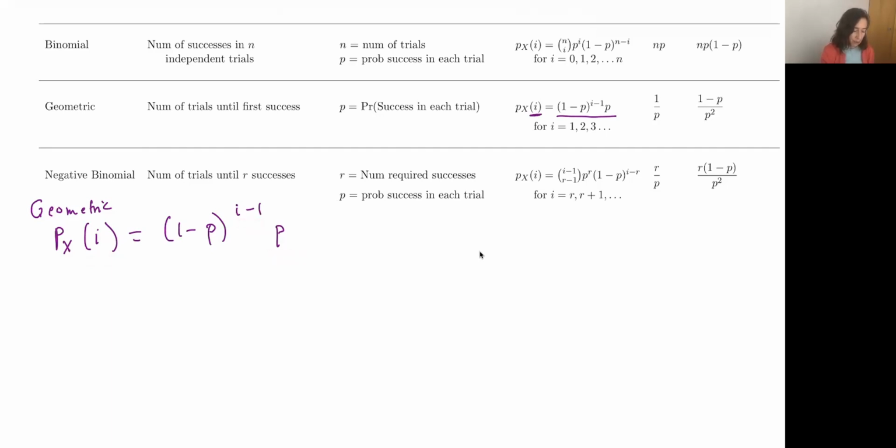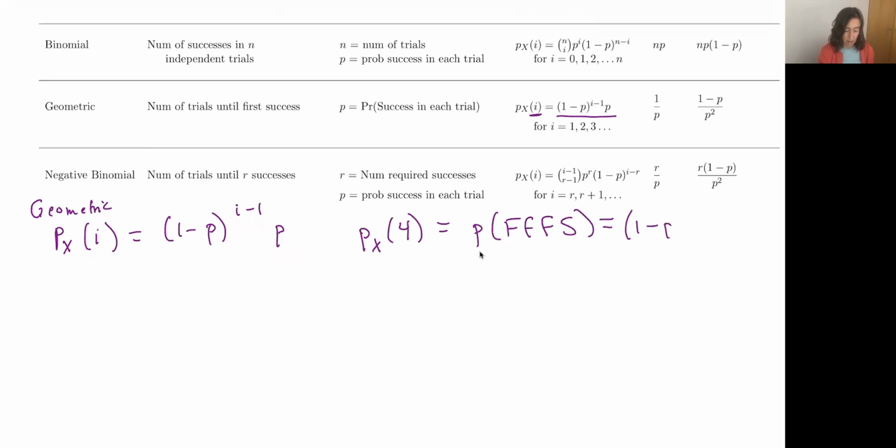So if we're looking for the probability that the first success comes in the fourth trial, that is the probability of fail, fail, fail, success. And what is the probability of that outcome?